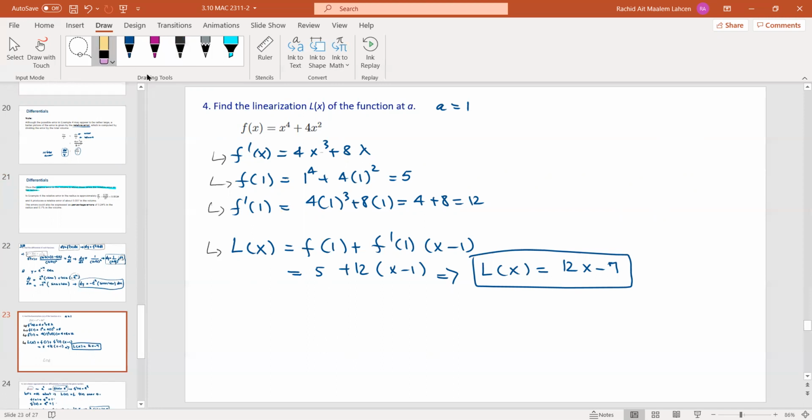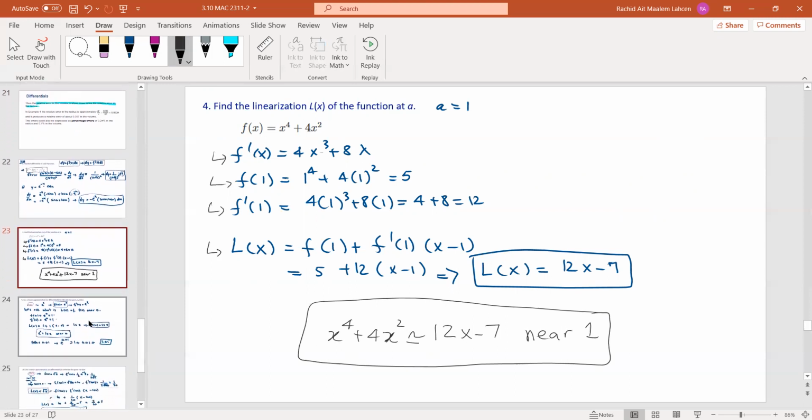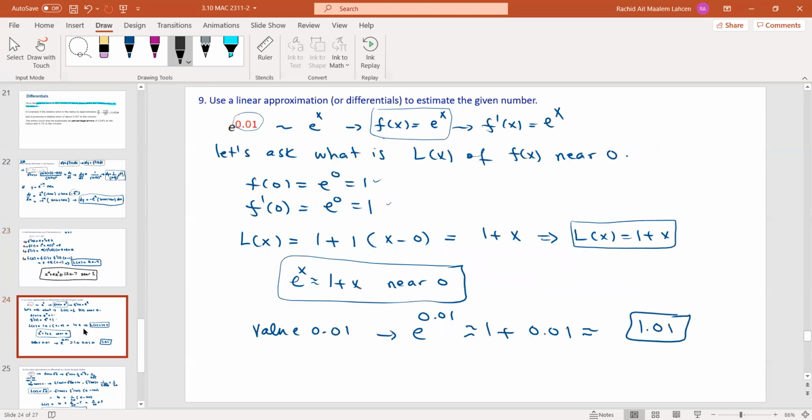This means that x to the 4th plus 4x squared is just like 12x minus 7 near 1. All right, so the idea is not complicated, but it requires a process.